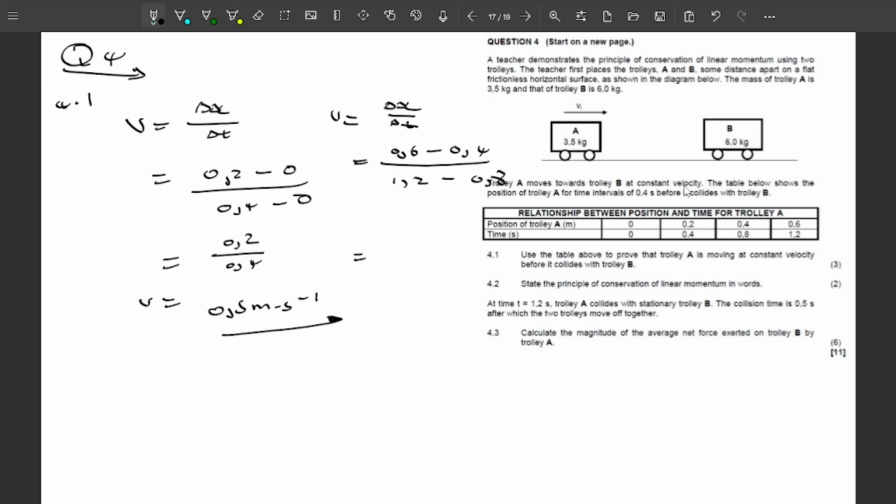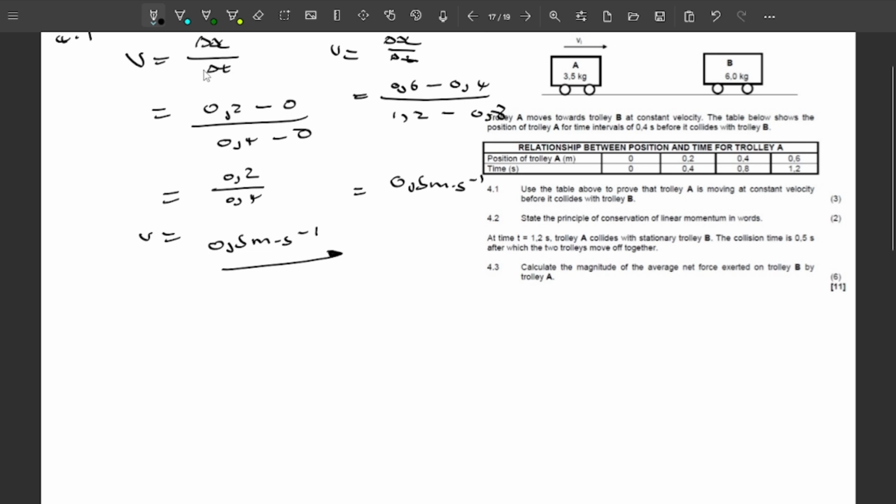Our answer is what? 0.5, meaning that the velocity is constant. But you don't need to do two methods, you just need to choose one or the other. Please don't write two methods, because you know the memorandum, so just save your time.